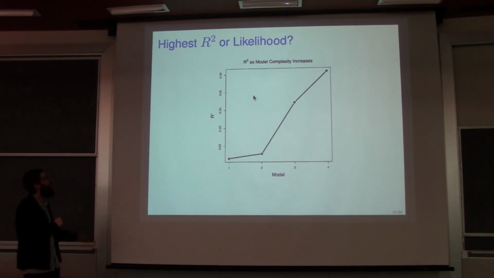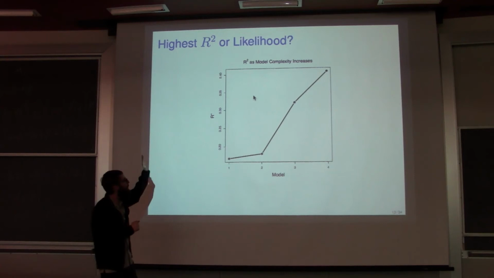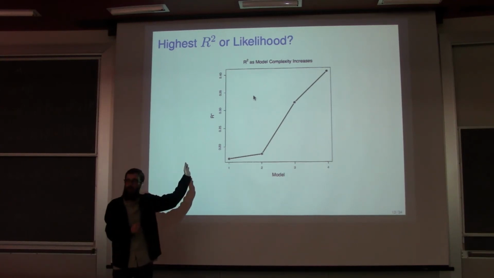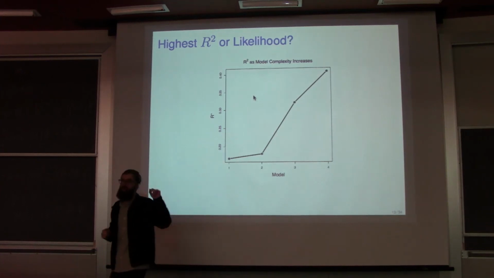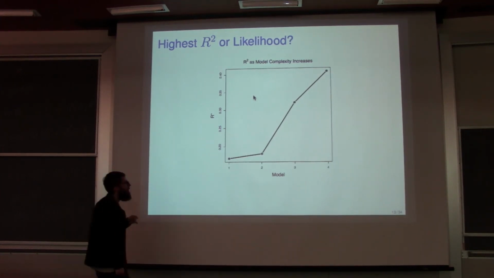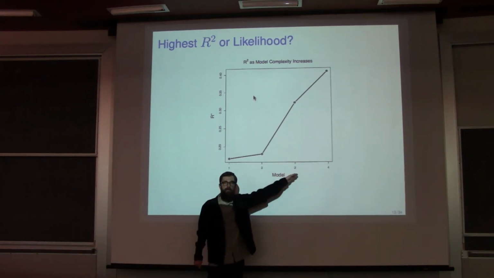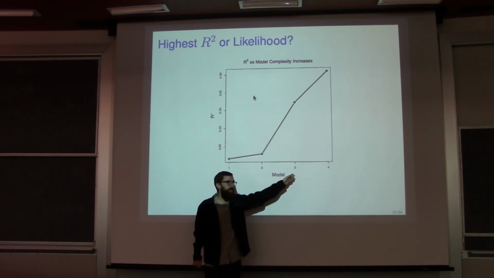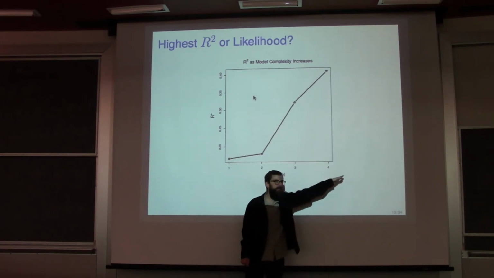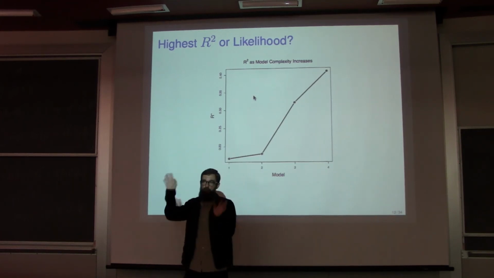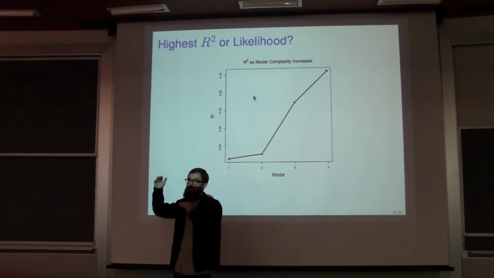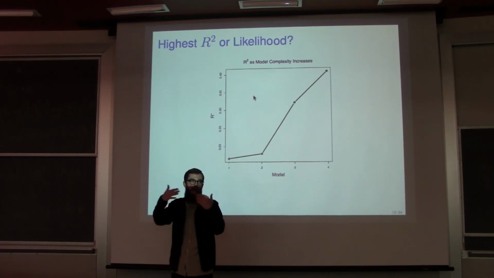And so anyway, I could just plot the R² of my regression model versus the particular model I'm going to pick. And the problem with that is that you'll always pick more complex models. If I add a variable in a linear regression model, it can only increase my R², which is a proportion. It's also the same thing as the likelihood. The likelihood can only go up when I add a variable.